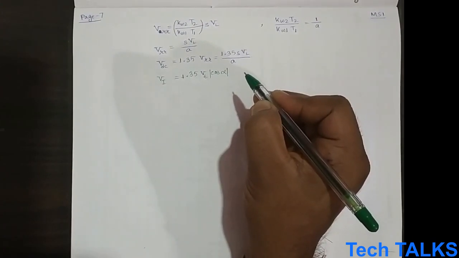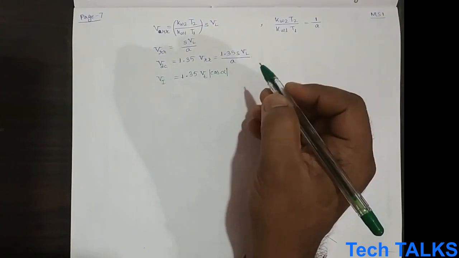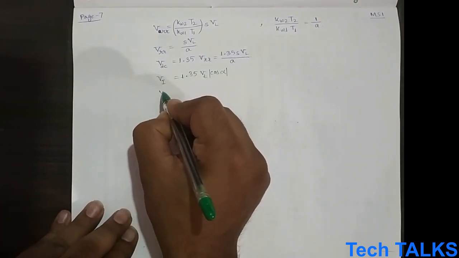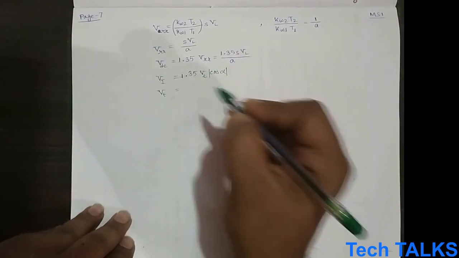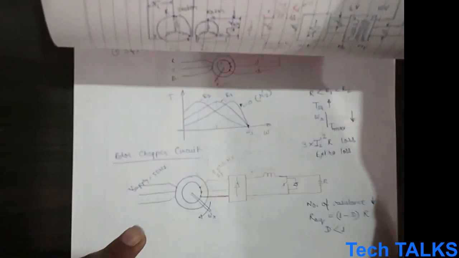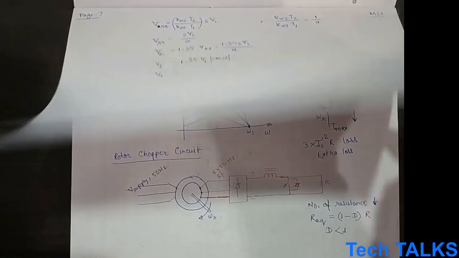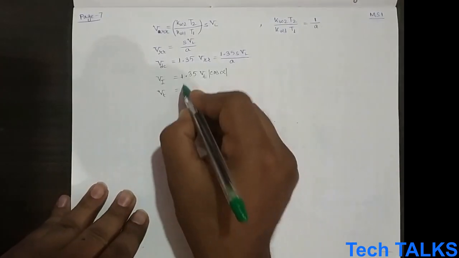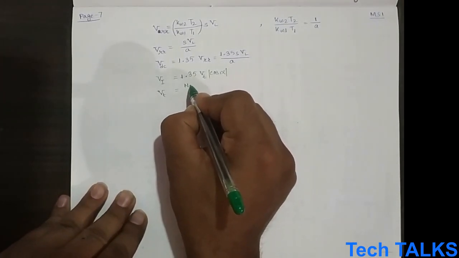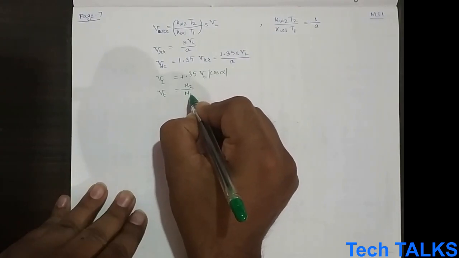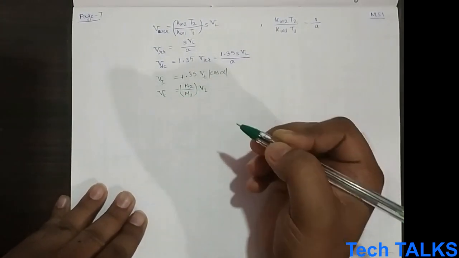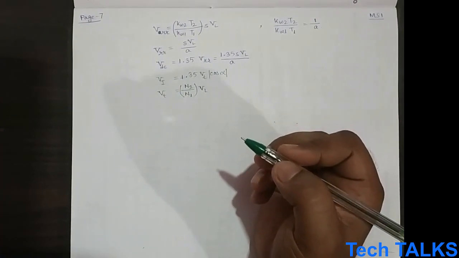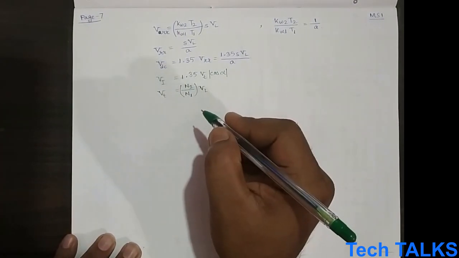VT cos alpha. Okay. Now, how can this VT be addressed? This VT can be addressed as N2 by N1 VL, where VL is the line to line voltage.